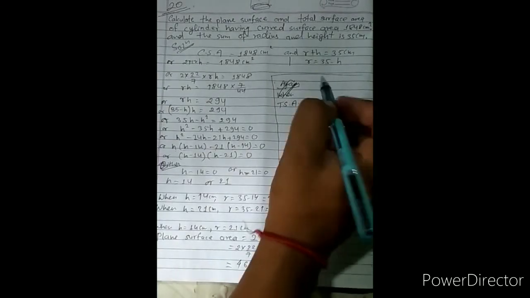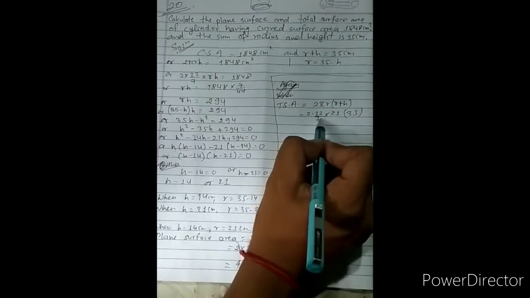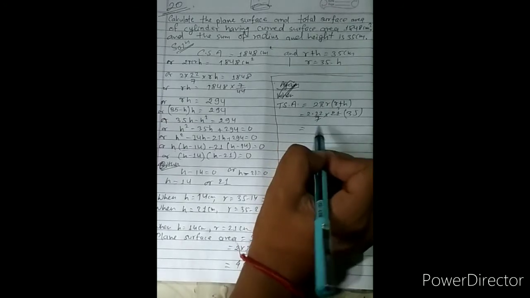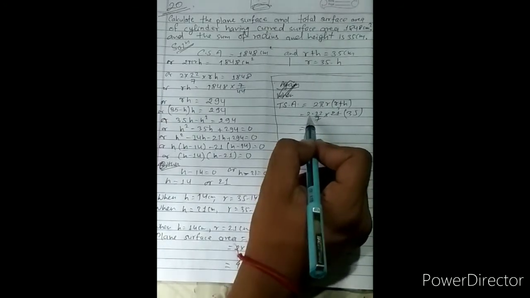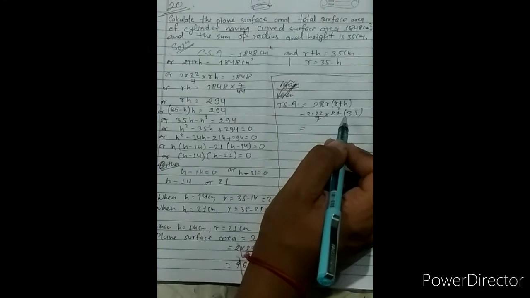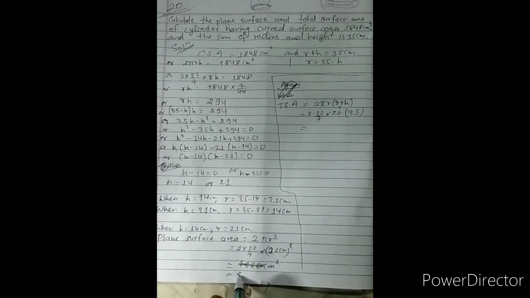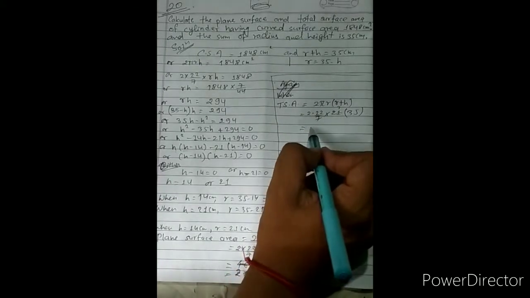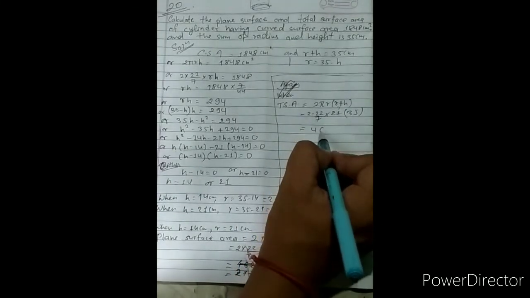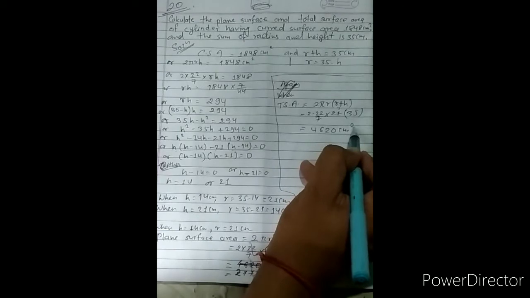Now in the place of r plus h you can write 35. 7 3s are 21. Here we get 4620 centimeter square.